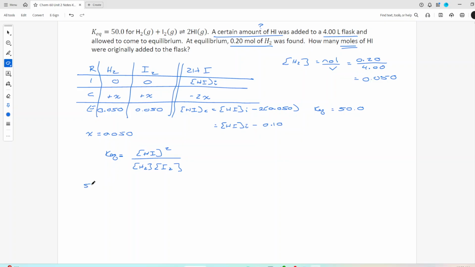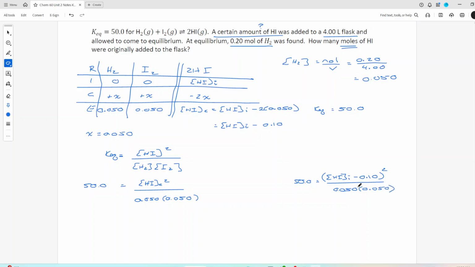You can put in 50 for KEQ, and then for HI, you can either put in just HI at equilibrium, keep the algebra a little bit simpler, and then you're going to put in 0.050 for the concentration of each of those, right? Or option number 2 is that instead of putting in HI at equilibrium, you put in HI initially minus the 0.10 for HI, and then you would still put 0.050 times 0.050.